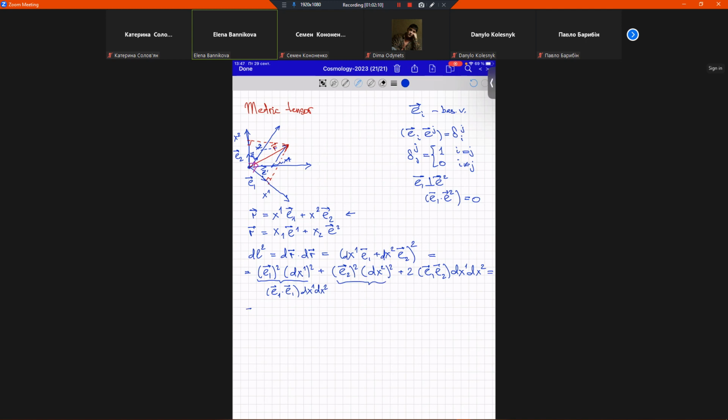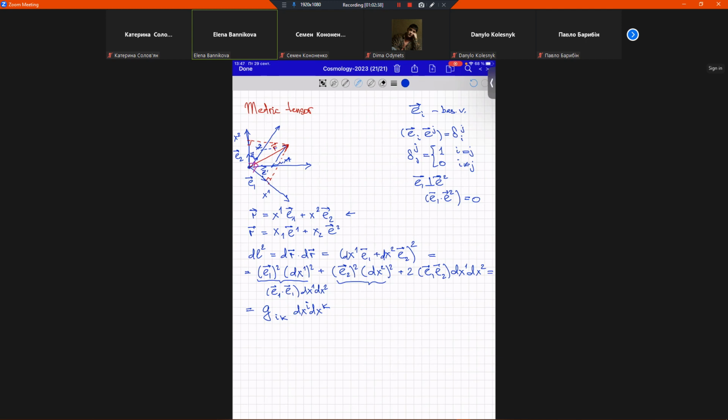So in general, it can be represented as some object g with indexes ik, times dx^i dx^k.